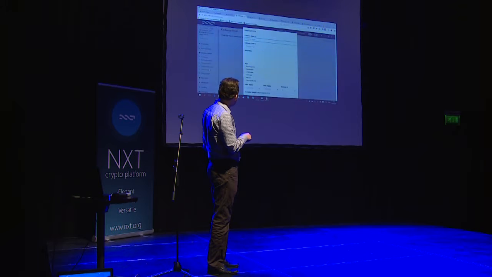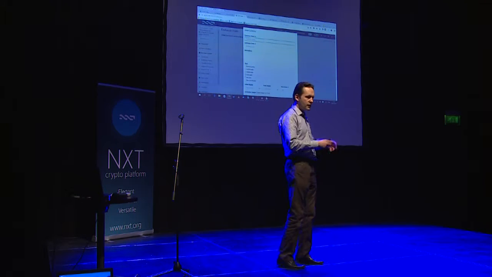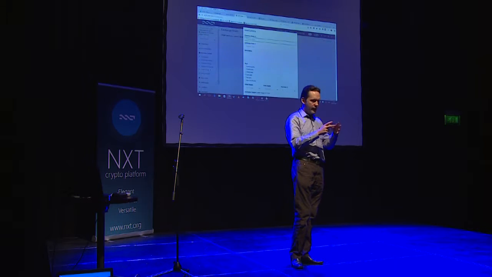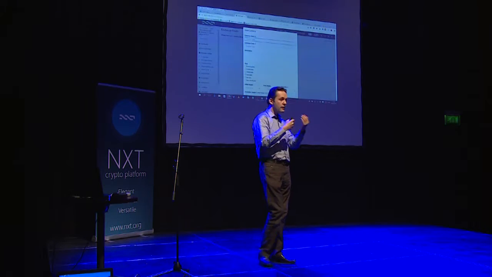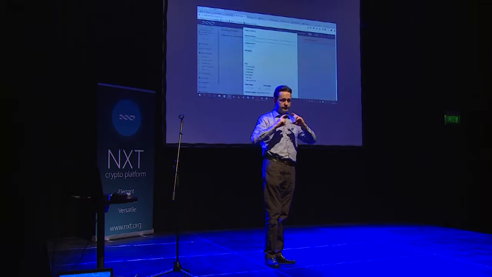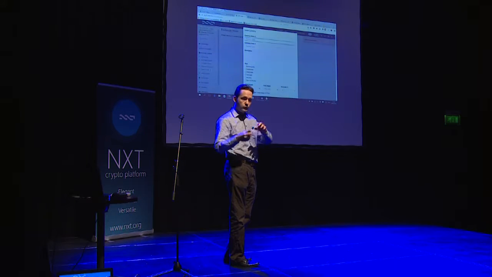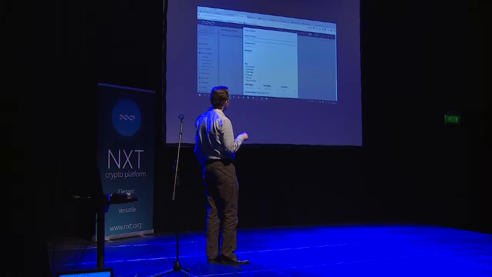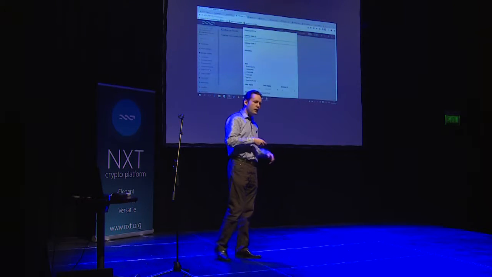Somebody thought a reservable coin is a coin where you need to put in NXT, and if a certain amount of NXT has been collected, it will then give the others coins that are backed by that NXT. So it's basically creating a reserve, with the idea that those coins would hold the underlying value of the NXT. Somebody was smart and said, I can use it for crowdfunding.